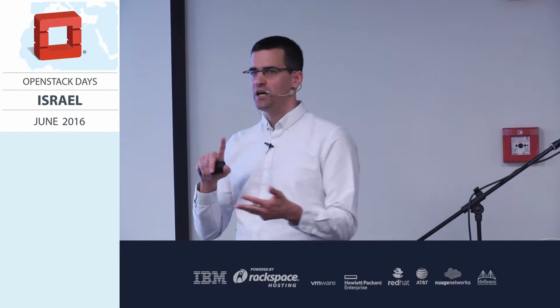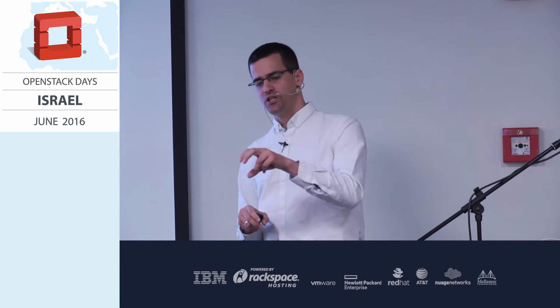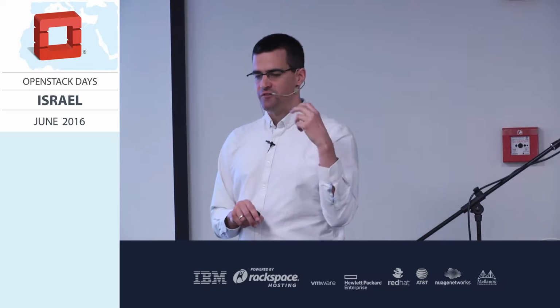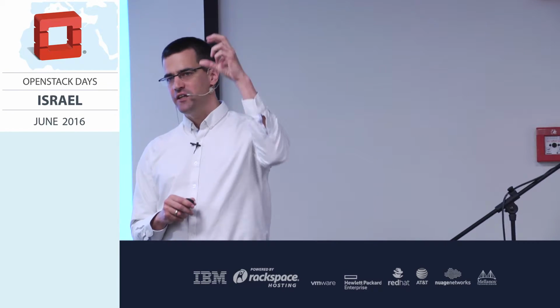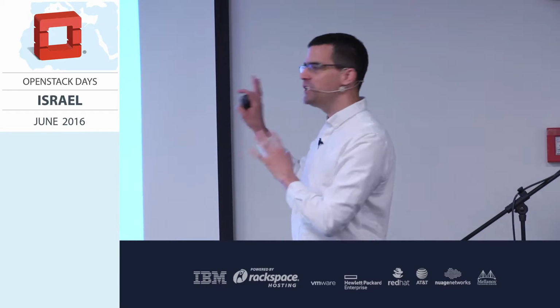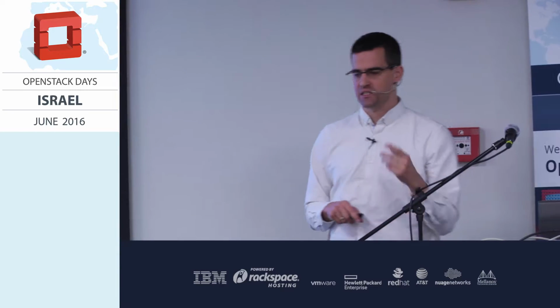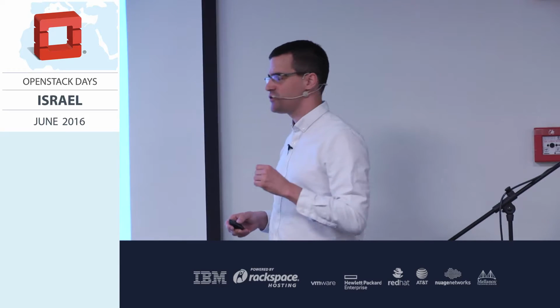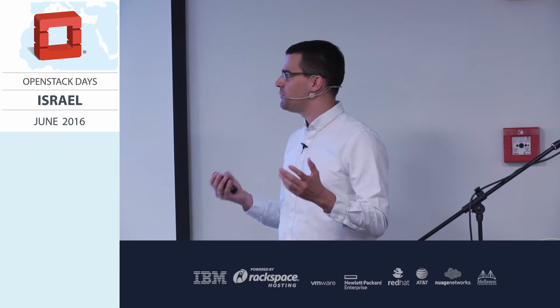We use Cloud Config, which is a means of using Heat to tweak the configuration of individual VMs. A really, really powerful utility. That was the subject of my talk at OpenStack Israel last year. So if you need to come up to speed with Heat and Cloud Init and Cloud Config, there's a video for that up on YouTube.